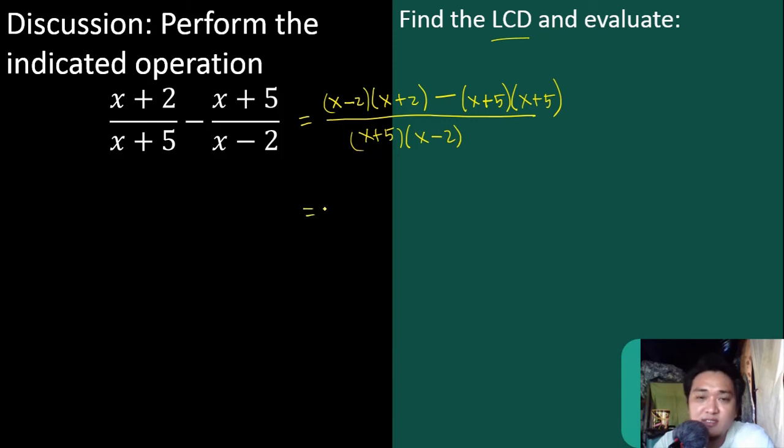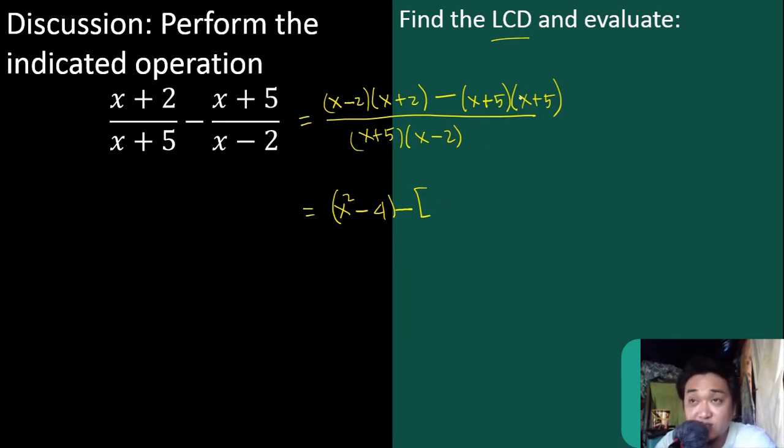Okay. Now let us try to evaluate this using perfect square trinomials. Oh no, sorry, this will be the difference of two squares. So x squared minus 4. How about here? Let us be careful because the middle sign is minus, so we will use a bracket, and let us evaluate this first.